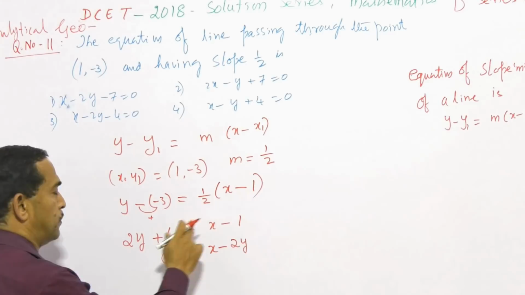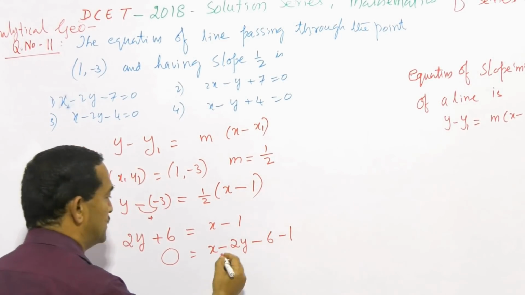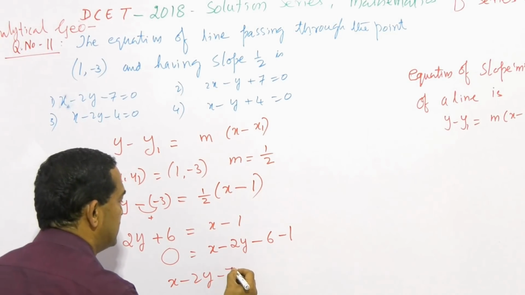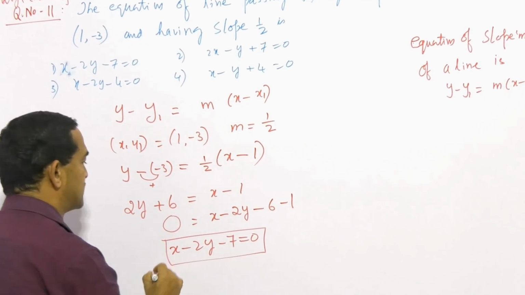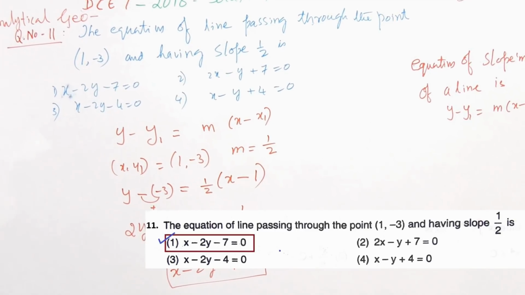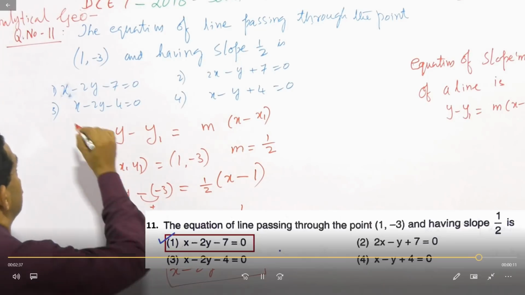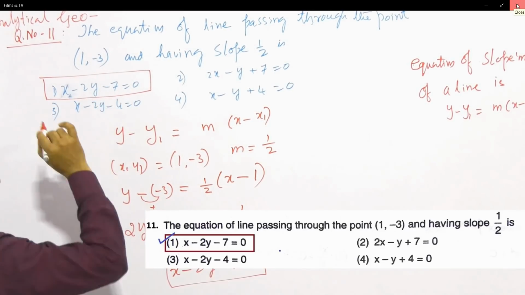And if I take this plus 6 to the right hand side, that becomes minus 6 and minus 1. So the conclusion, the answer is x minus 2y minus 7 is equal to 0. This is the answer for this question. Now check which answer is right. According to the question, the answer is x minus 2y minus 7 is equal to 0. That is option number 1, the right answer.